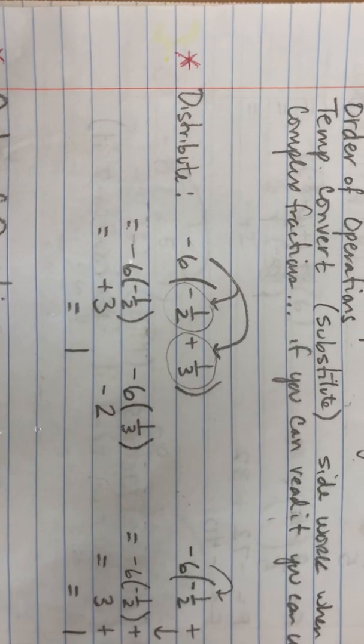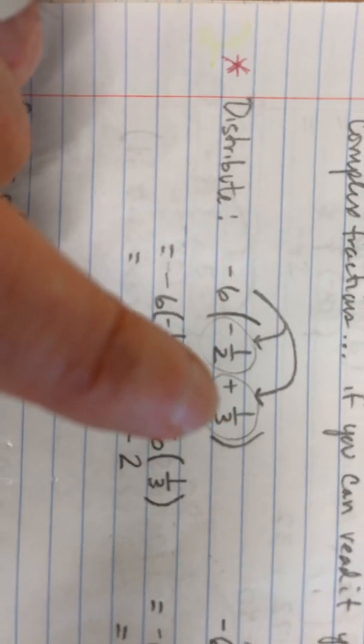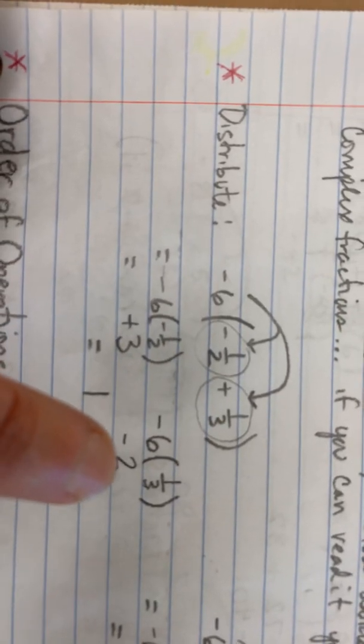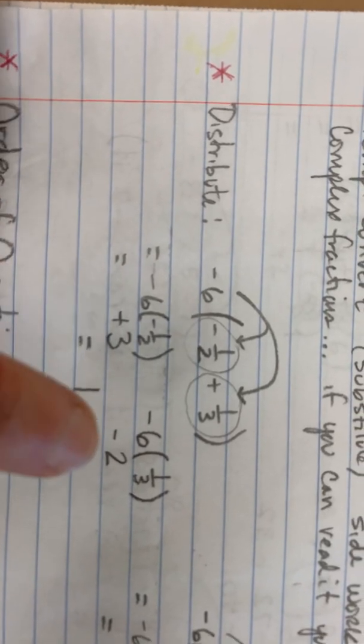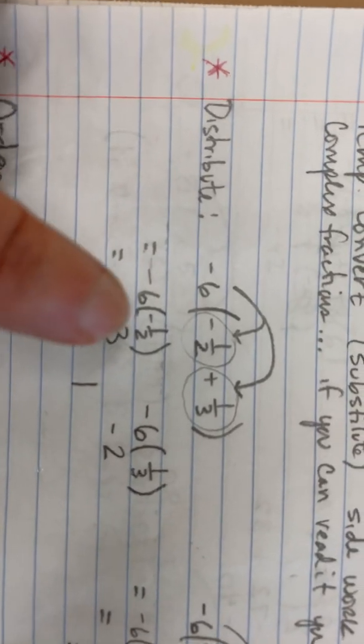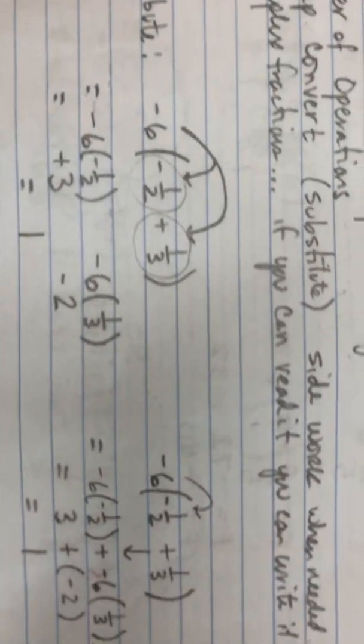So you can do the work separately, and you can see how I move through this problem. -6 times a -1/2 is +3, and -6 times +1/3 would give me -2. Well, looking at this line, +3 minus 2 yields 1.